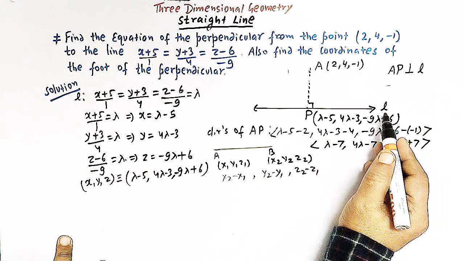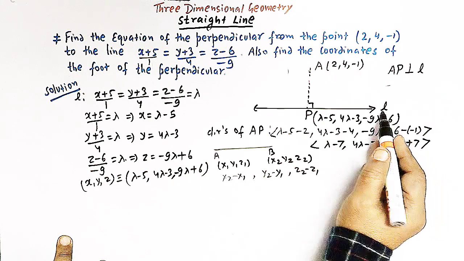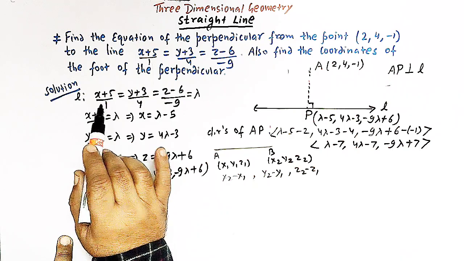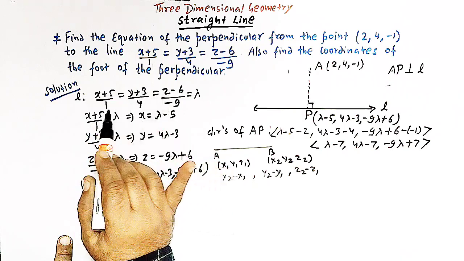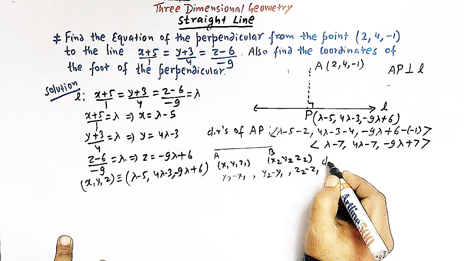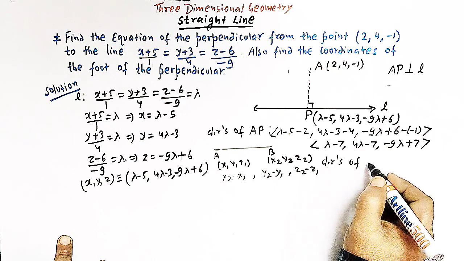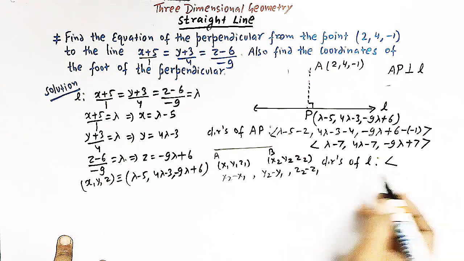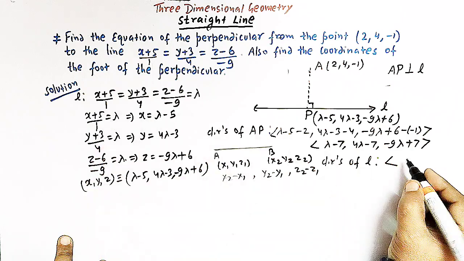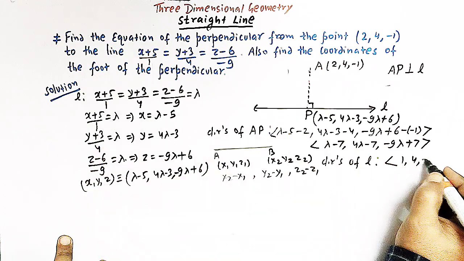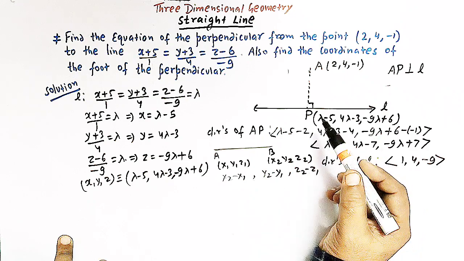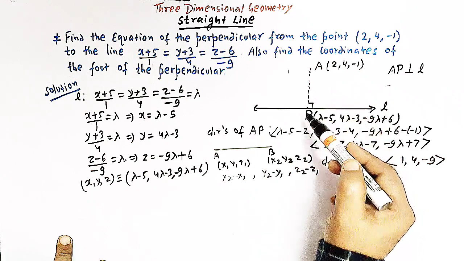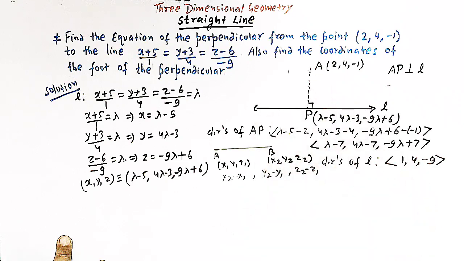Now the direction ratios of this line L are obtained from the denominators of these three quantities. So the direction ratios of the line L are simply 1, 4, minus 9, right? So now we have the direction ratios of AP and the direction ratios of the line L.